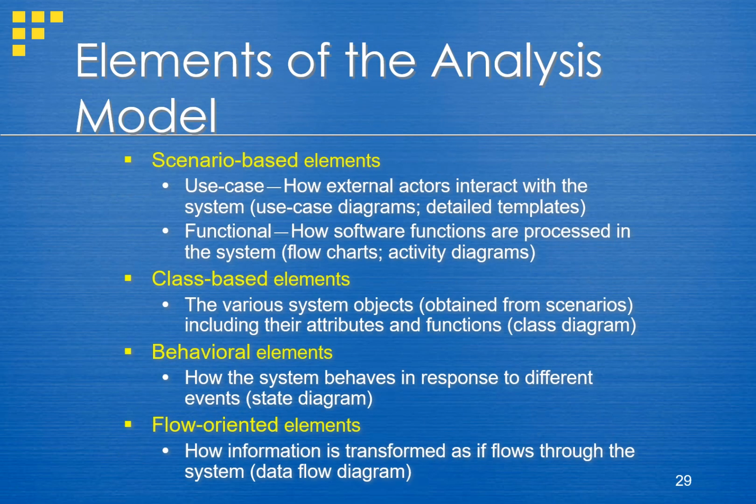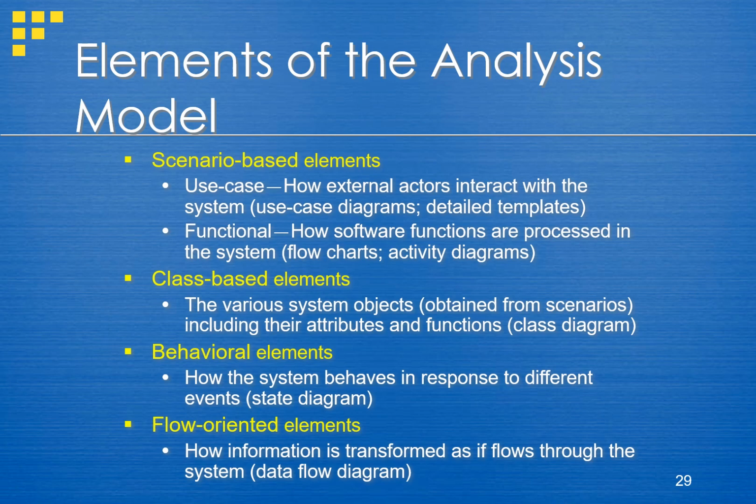Elements of analysis model. These are the four elements: scenario based elements, class based elements, behavioral elements and flow oriented elements. All your UML diagrams are divided into these four kinds of elements. When you are talking about scenario based elements, obviously use case diagrams will be there, and activity diagrams or flowcharts will be there under the functional view.